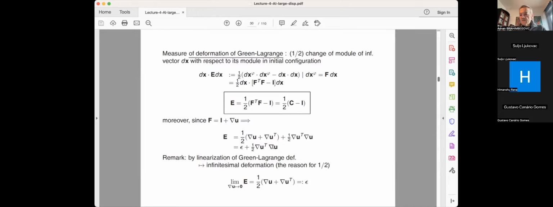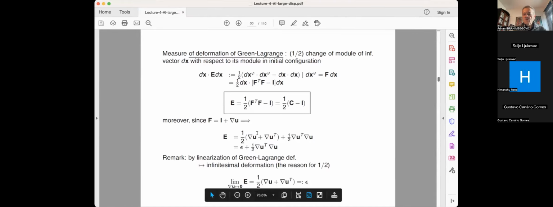Note that you only have a quadratic correction, but this is an exact strain measure, no matter how large the deformation is. Although it's a little bit crazy, because imagine the 1D case, if U is positive, that is a stretch, and you have something that is adding on top of it.